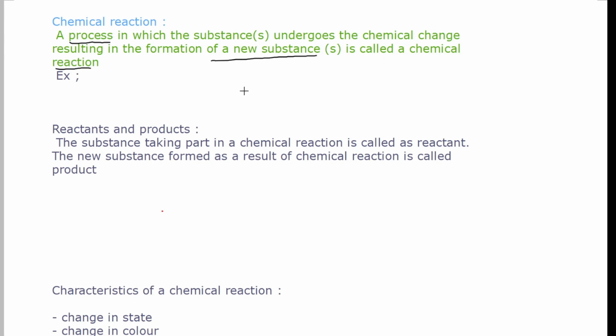There are many examples of chemical reaction. For example, burning of wood is an example of a chemical reaction. Why do we call it a chemical reaction?